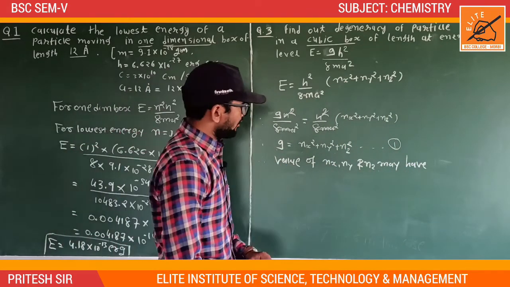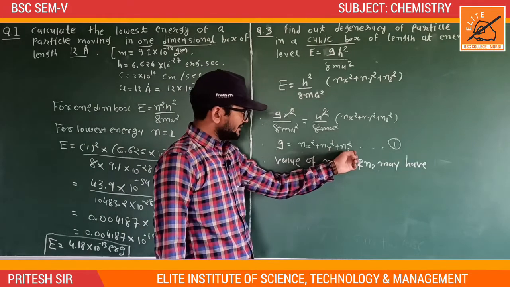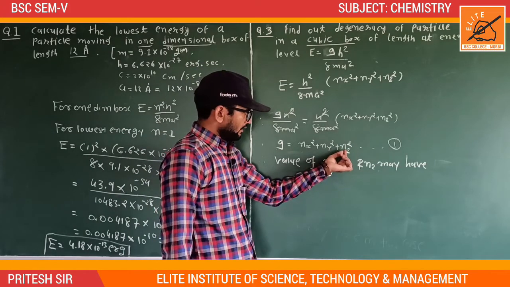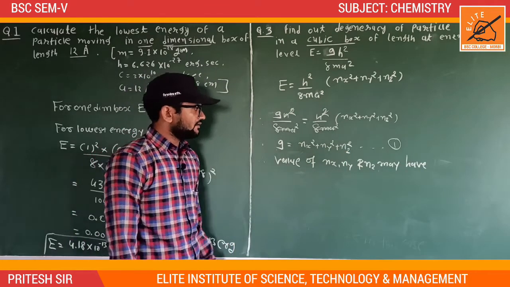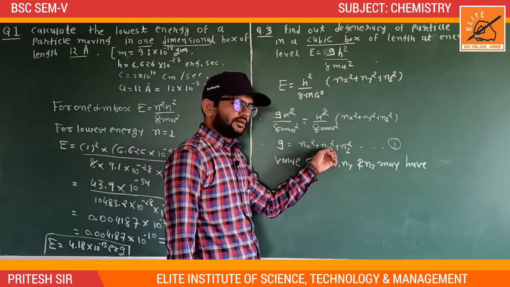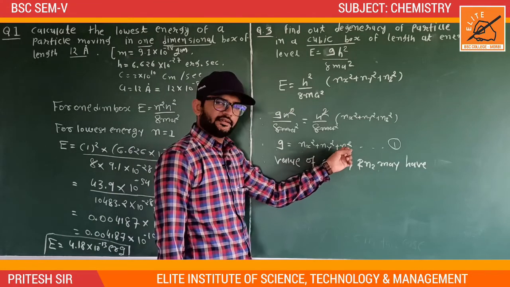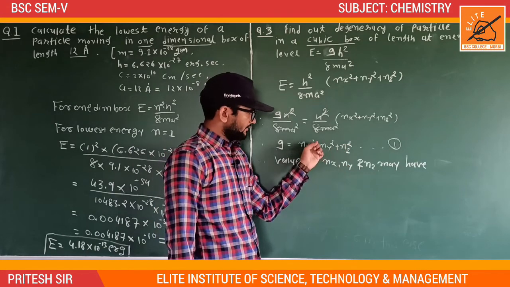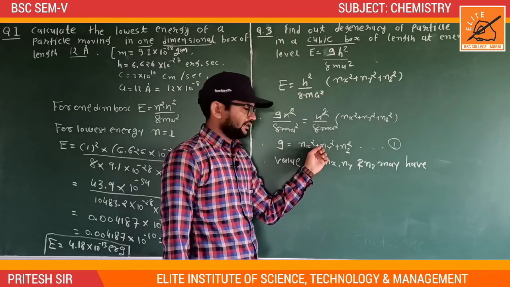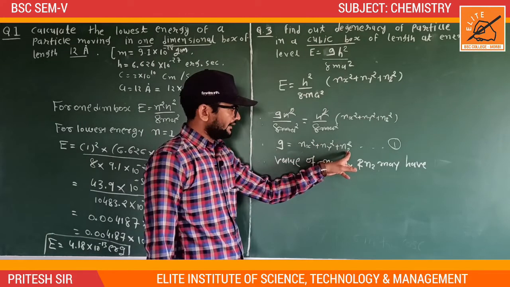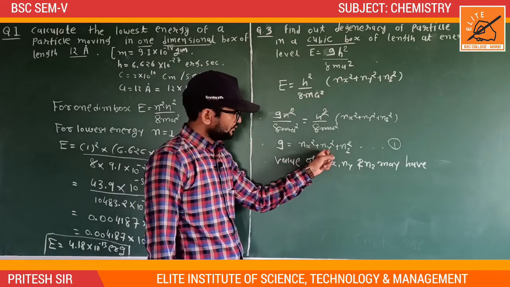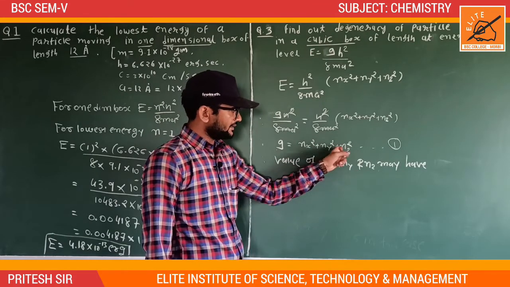So which values of nx, ny and nz satisfy equation number 1? If I put nx equal to 1, ny equal to 1 and nz equal to 1, then 1² plus 1² plus 1² is equal to 3, so it is not acceptable. If I put 1, 2, 1, it means 1² plus 2² plus 1², which is 6.